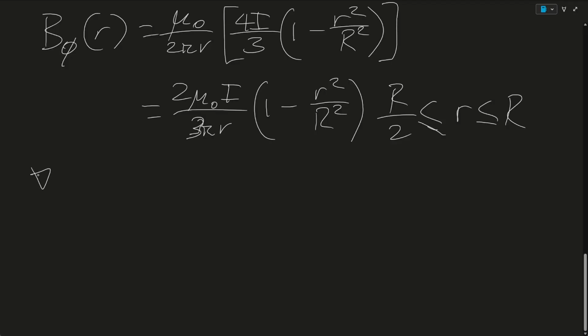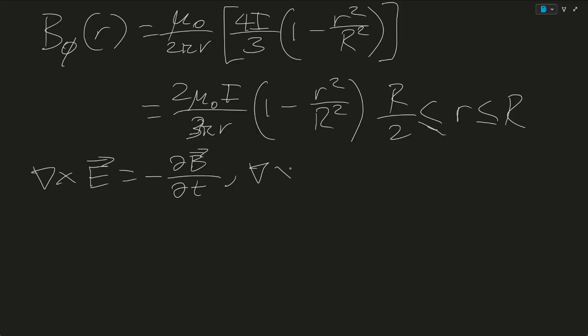So del cross E is minus partial B partial t, and I realize that should really be a vector. I'm a bit lazy about doing that.